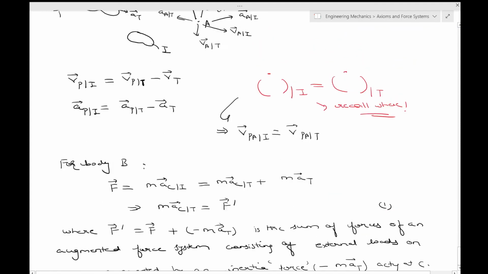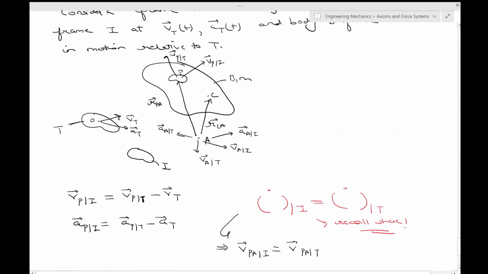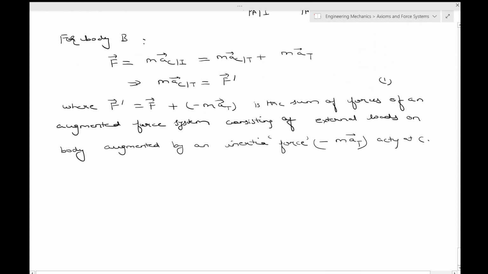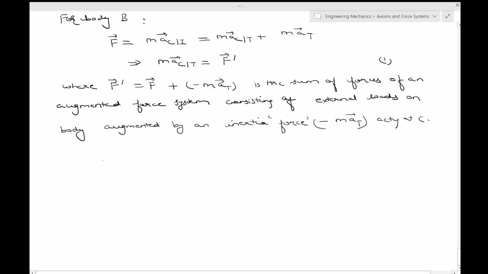So let me do that over here. So if you have, say, at the center of mass you have mg acting, okay, and at point 1 you have F1 acting, okay.